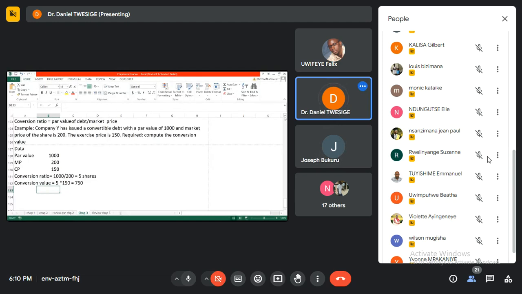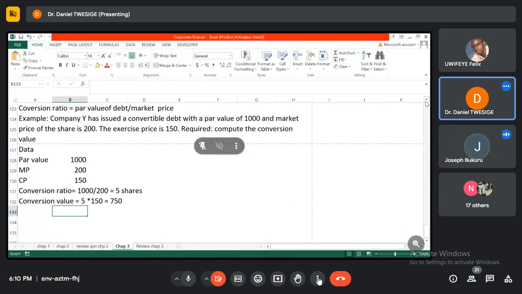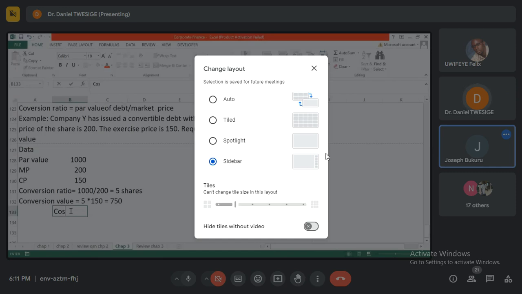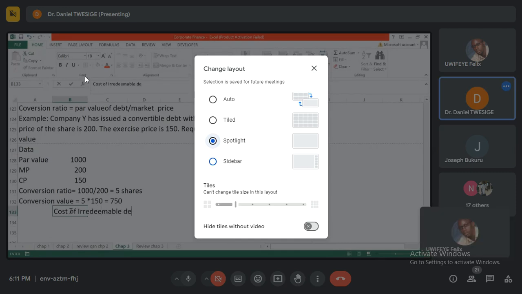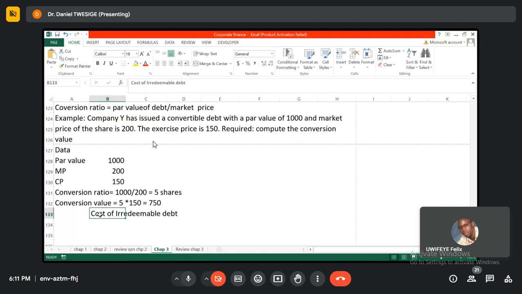If we say conversion value, what do you mean by conversion value? The first we are going to talk about is the cost of irredeemable debt. What is irredeemable debt?